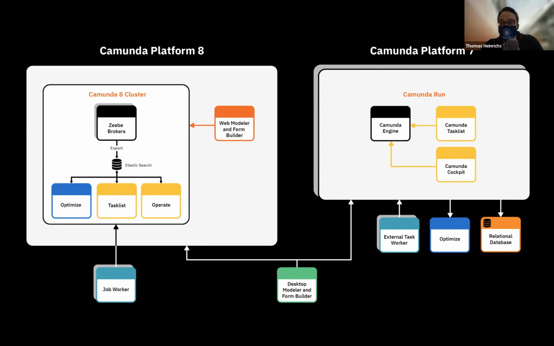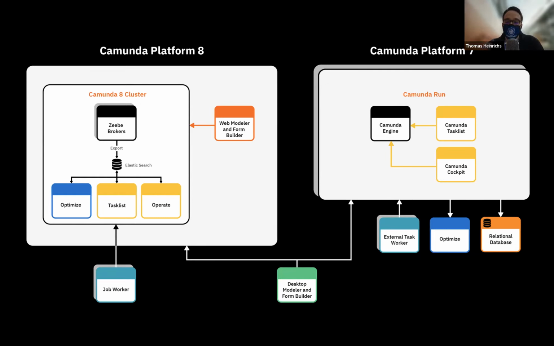Whereas in Camunda Platform Run in particular, we always had the Camunda engine which needed to rely on a relational database. And since processes tend to be highly transactional, the database is really the crucial bottleneck, or has always been.